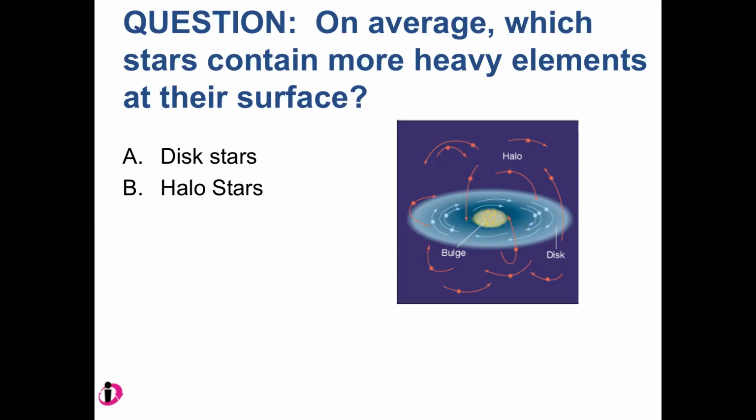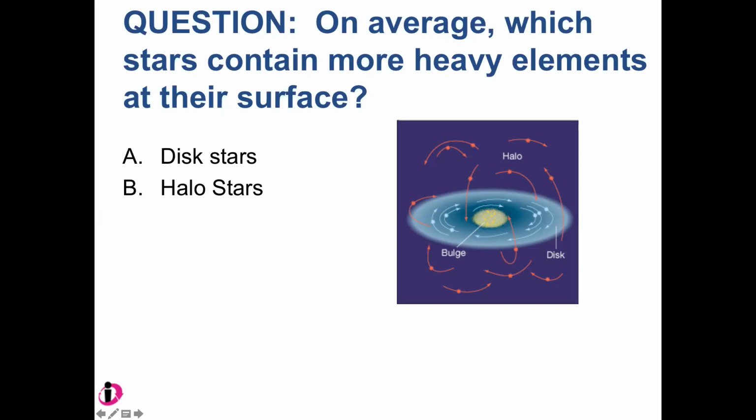As you know, lots of these heavy elements are synthesized in supernovae. And so the second generation of stars that formed after that first generation of supernovae went off had a little bit more of these heavy elements in it. And the next generation had a little bit more, and the next generation had a little bit more. And these very old stars in the halo harken back to a time when there were far fewer heavy elements in the galaxy than there is today.